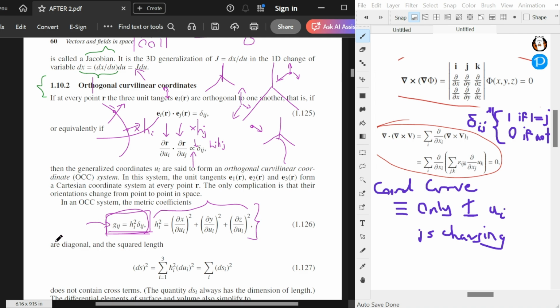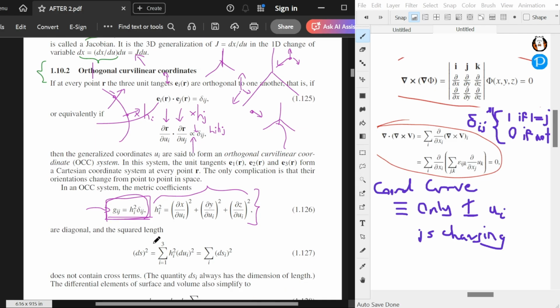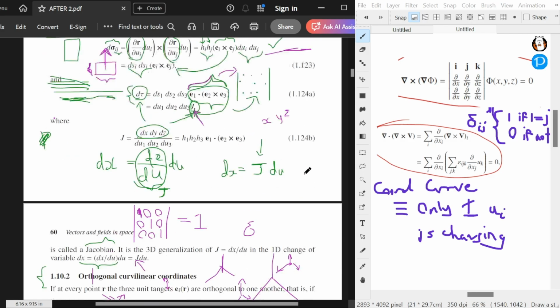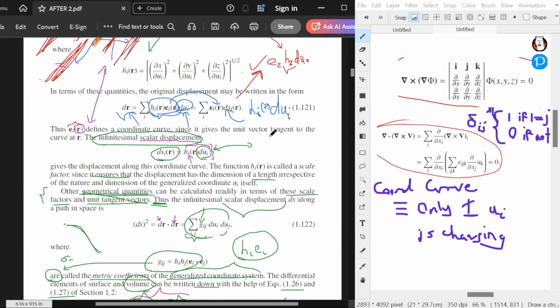The metric coefficients are diagonal. And the squared length ds squared. I need to write ds over here because I think it's simple, but I just forget it. ds_i equals h_i of r du_i.